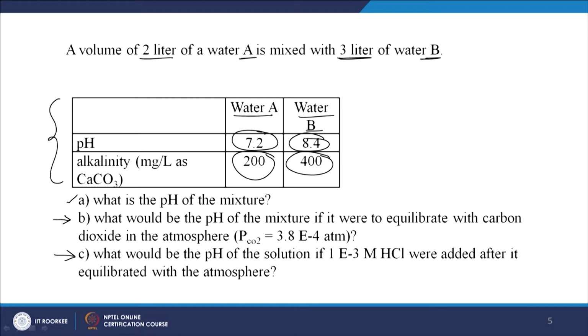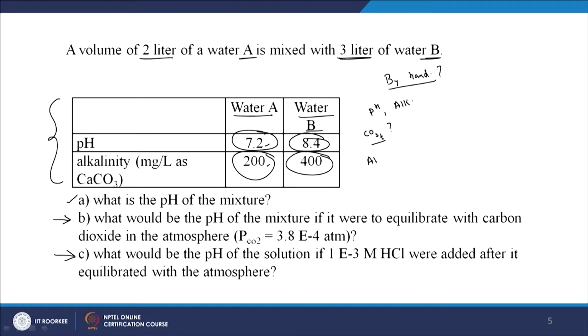So we have pH 7.2 and 200. This is for solution 1, and 8.4 and 400. We are going to try to solve this by hand. How do I solve this by hand now? We just looked at that earlier. I have the pH and I have the alkalinity. I believe we tried to solve this by calculating the CO3 total, and how do I solve that?